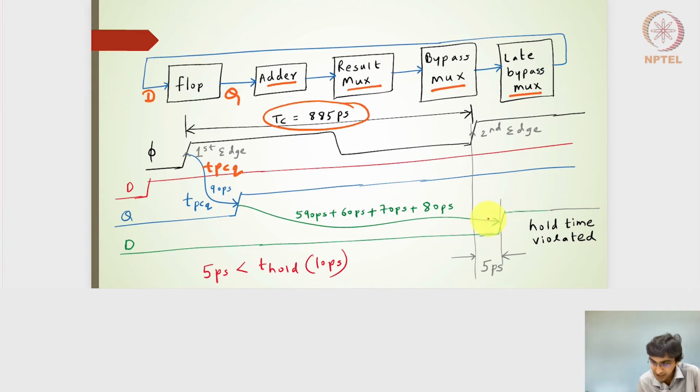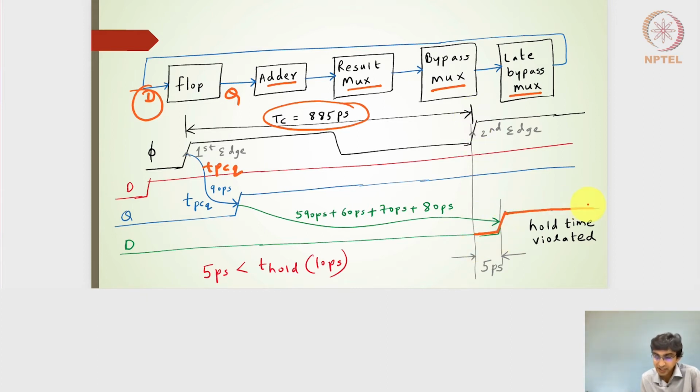All right, so it comes here, and the clock time period is 885 picoseconds. The output goes to the input of the flop, so that's why I've written D again here. What it means is that the D provided after the combinatorial circuit output comes back to the flop at 890 picoseconds. So with respect to the 885 picoseconds of the clock, it is 5 picoseconds late. With respect to the second clock edge, it is 5 picoseconds late.